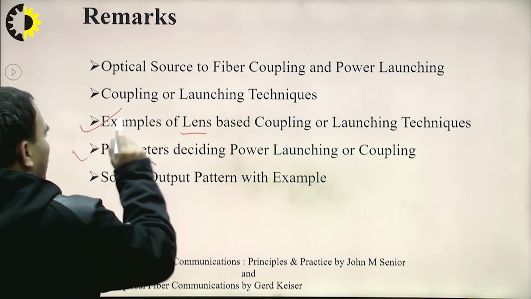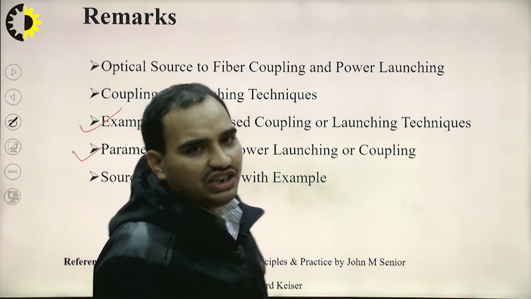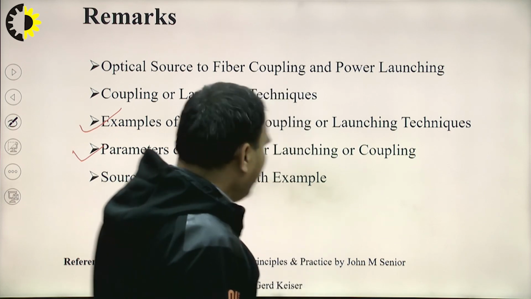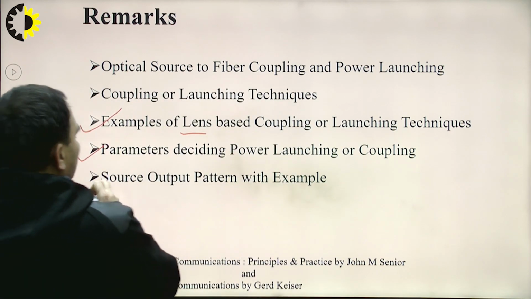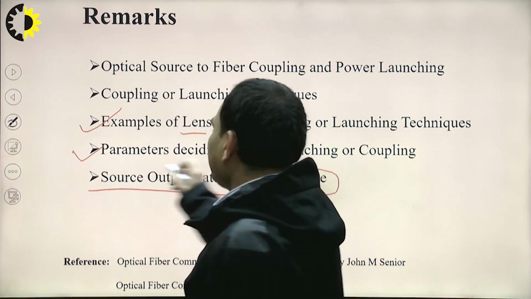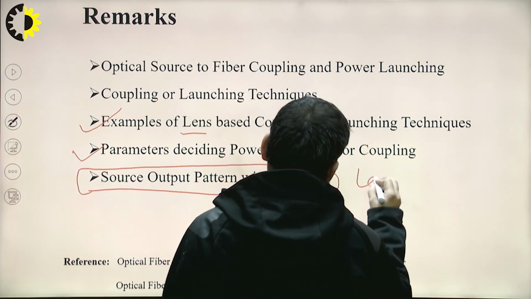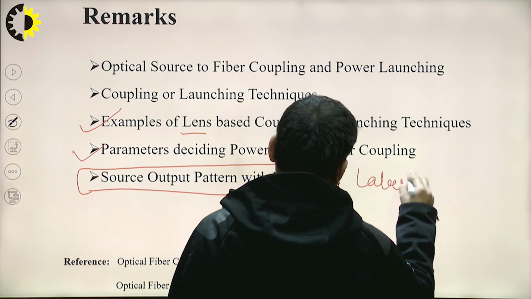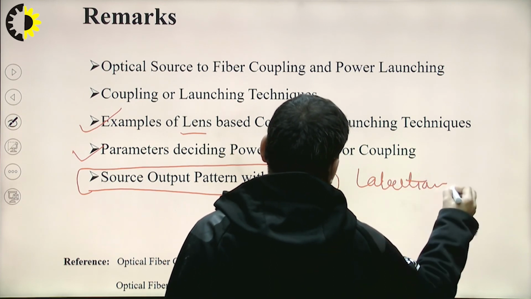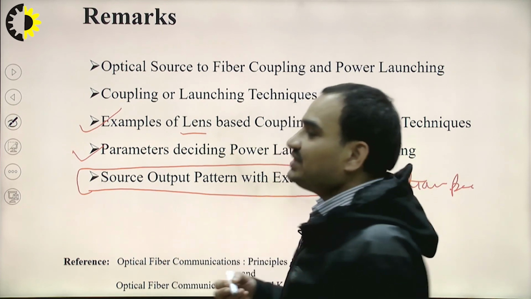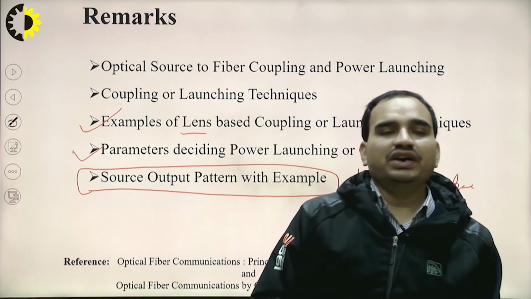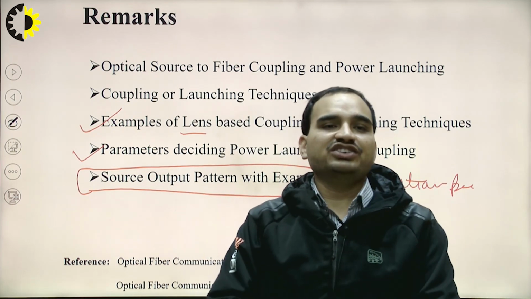Another is the parameters deciding the power launching or the coupling. Finally, we discussed the source output pattern with examples. There are two patterns we have seen: one is the Lambertian pattern and the other is the pencil beam pattern. So here we are going to stop this lecture. Thank you.